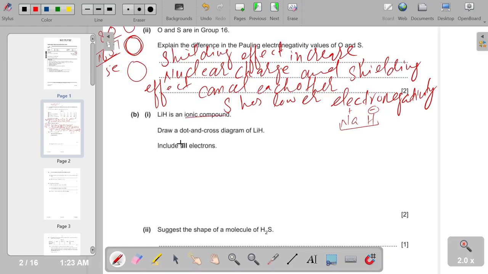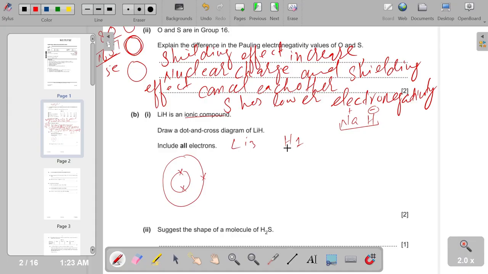Draw a dot-and-cross diagram for lithium hydride. The atomic number for lithium is 3. The atomic number for hydrogen is 1. If you draw the structure of lithium, there are 2 electrons in the first shell and only 1 electron in the valence shell, because lithium is a group 1 member.